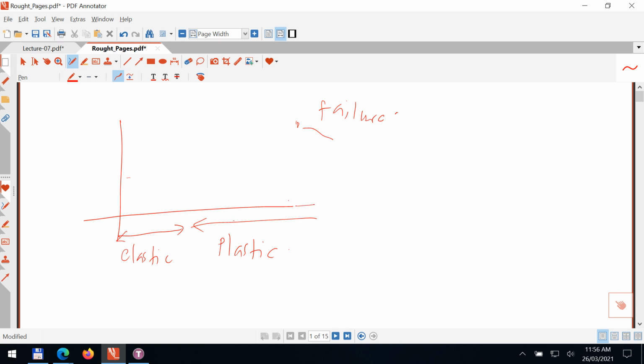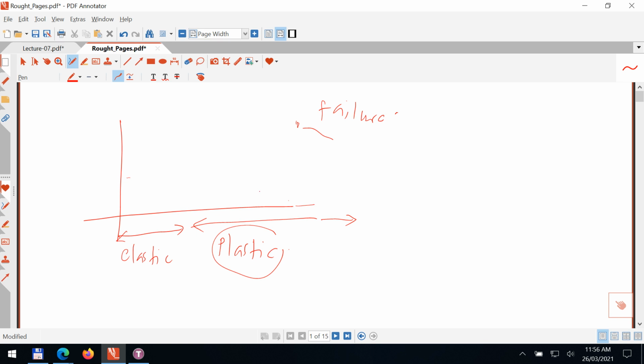The plastic region is just before. This whole region is called plastic. प्लास्टिक का मतलब यह है कि वो रिस्टोर नहीं होगा, तो फेल हो जाना भी इसी में शामिल है. बात समझ आ गई?